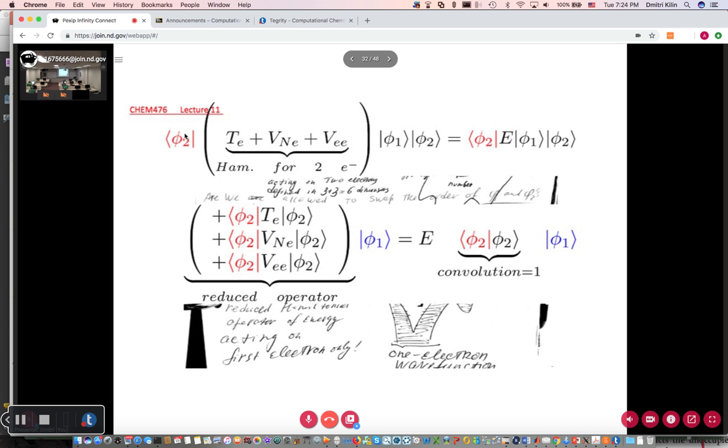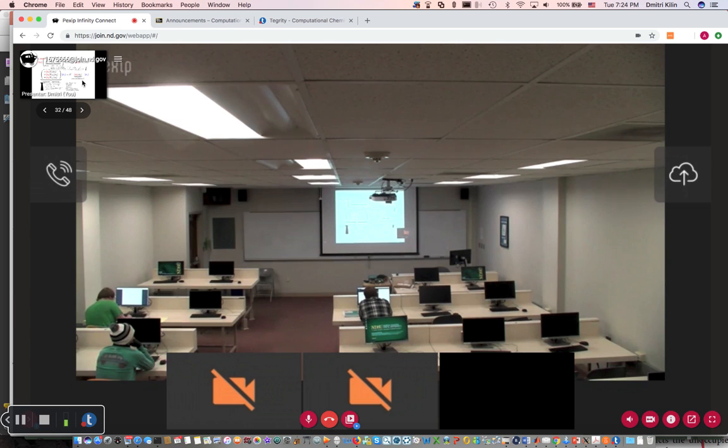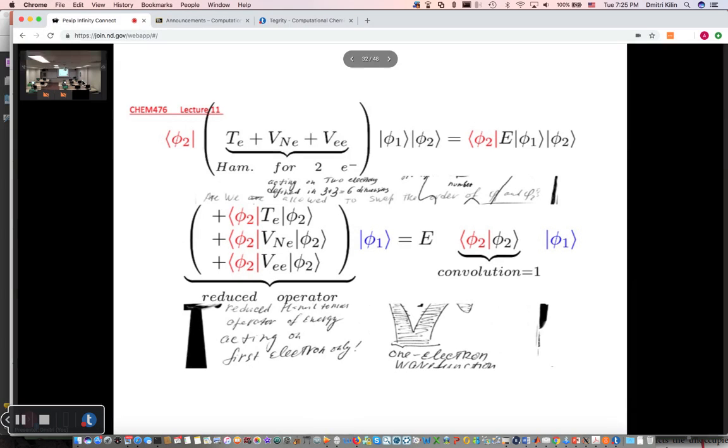After we write this little red thing, it means we integrate out 3 dimensions, and the object on the left side of the equation will be neither a many-electron operator nor a number. It will be an operator of reduced dimensionality. It will be an operator that will act on variable R sub 1 only, because we have completed integration over variable R sub 2.